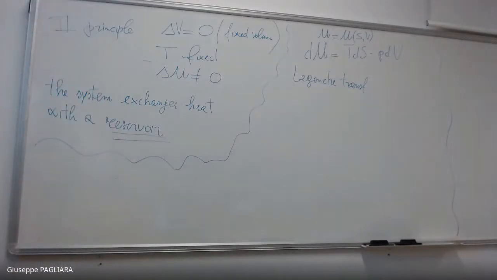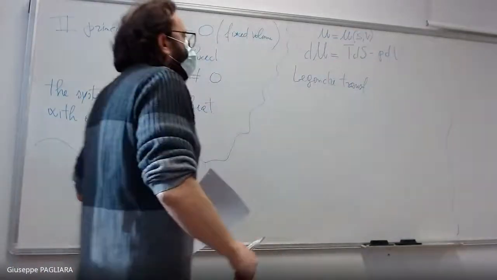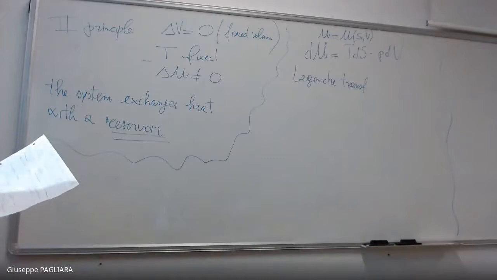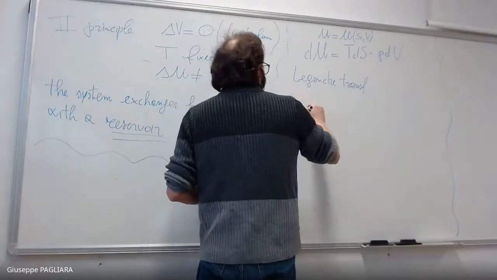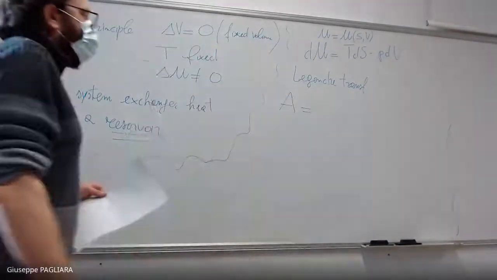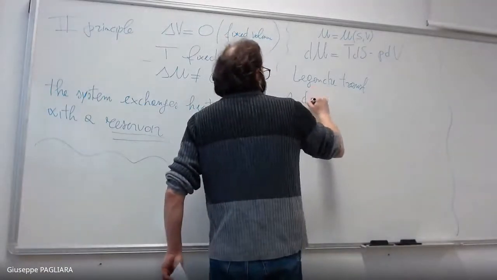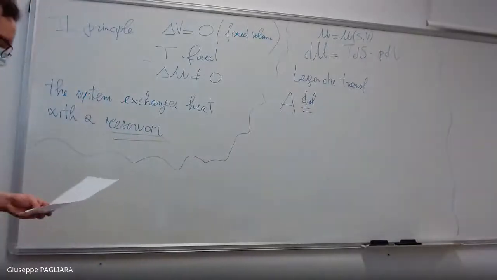This was a Legendre transformation. So now we will do the same here to go from a function U that is a function of S and volume to another function, another state variable, which is the Helmholtz free energy, that will be a function of volume and temperature. So what we do is to introduce a quantity A, which by definition is equal to U minus TS.